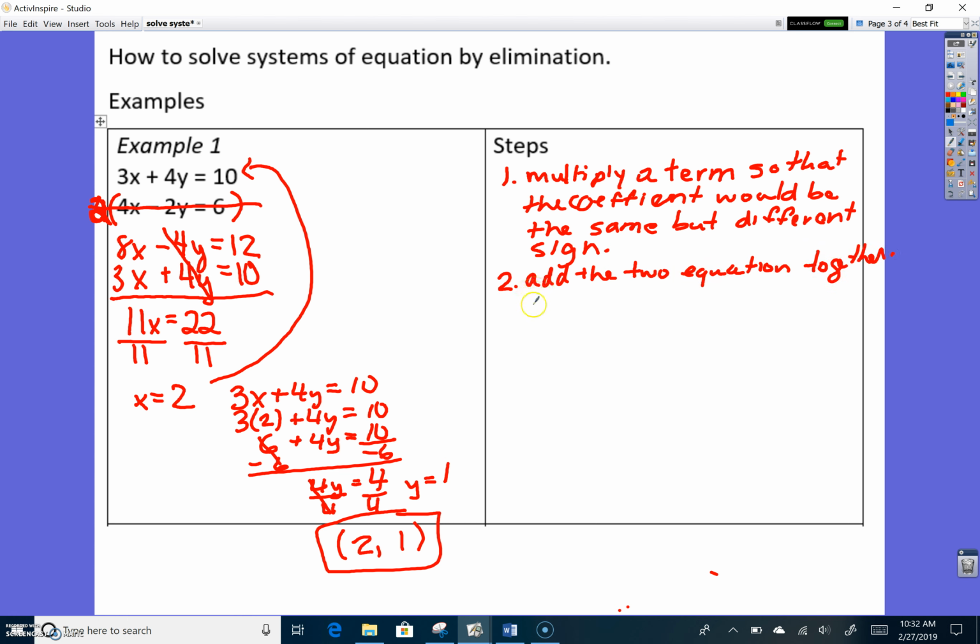When you do that, that will eliminate one of the variables.